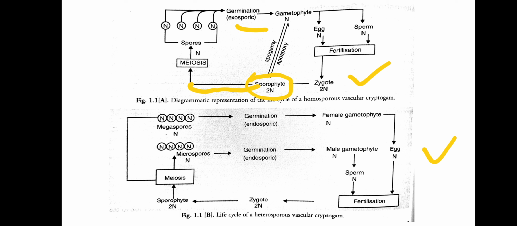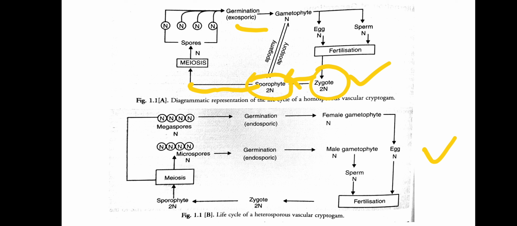In the gametophytic plant, male gamete and female gamete are produced. They fertilize to form the zygote, which grows to form the sporophyte again. There are two other methods, apogamy and apospory, by which the sporophyte can produce a gametophyte. So this is seen in the case of homosporous pteridophytes.